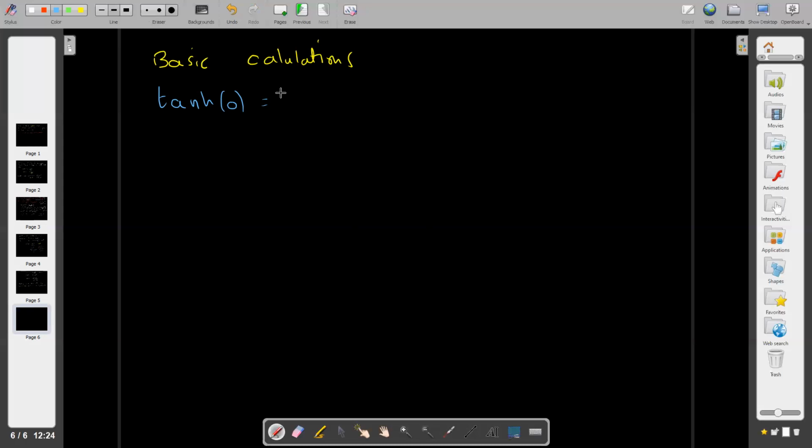So if I recall, the hyperbolic tangent is equal to e to the t minus e to the minus t over e to the t plus e to the minus t. Here our t is going to be 0. So that's going to be e to the 0 minus e to the 0 divided by e to the 0 plus e to the 0.